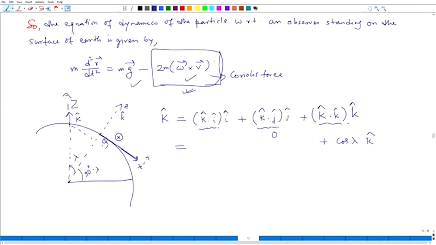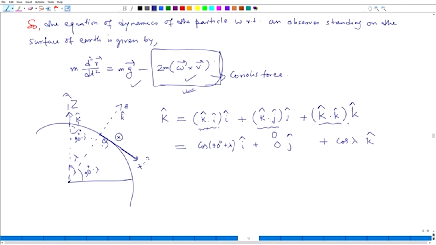If this is lambda, then this will be 90 minus lambda, and that is why this will be 180 minus 90 minus lambda, which will be 90 plus lambda, and that is why when you write this, it will be cos 90 plus lambda times i cap. So, it is 0 j cap.